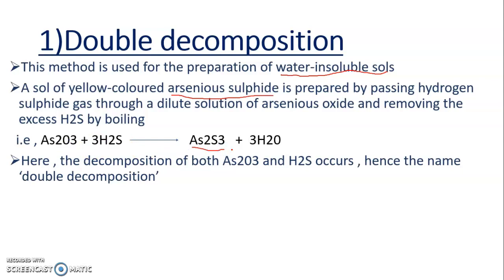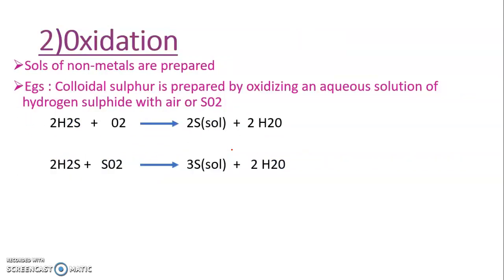Here the decomposition of both arsenious oxide and hydrogen sulfide occurs, hence the name double decomposition. So this reaction is termed double decomposition since both the substrate, that is arsenious oxide, and the reagent, that is hydrogen sulfide, are getting decomposed. That is double decomposition.